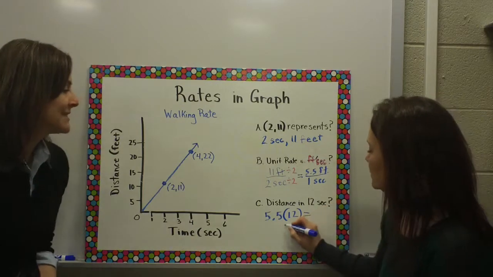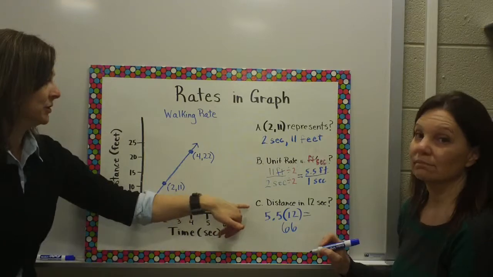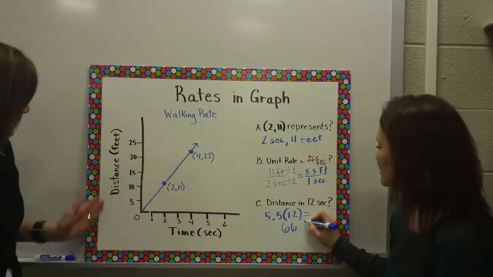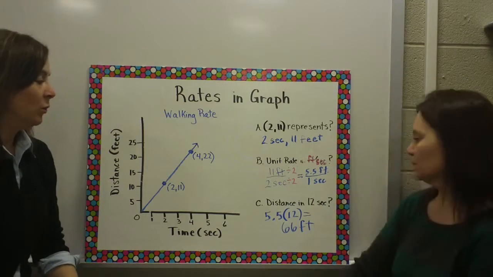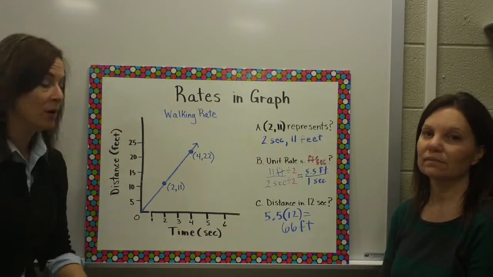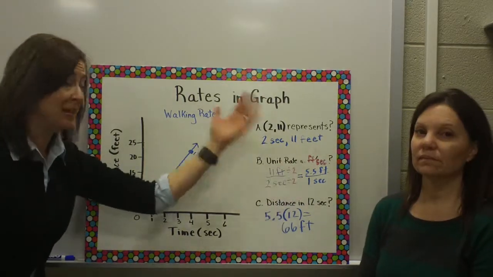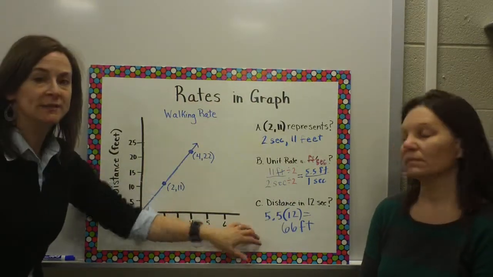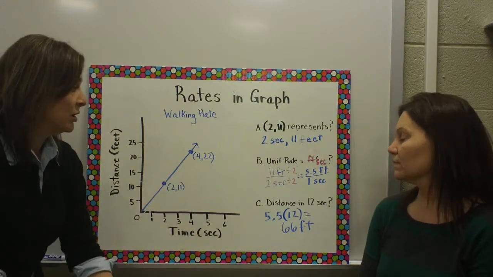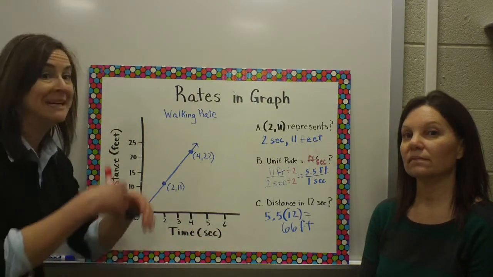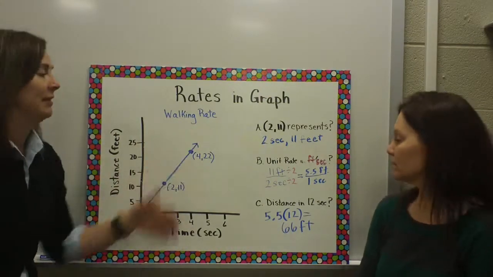And that equals 66. 66 what? Well, we're looking for the distance, and we know that our distance is measured in feet. So in 12 seconds, we can determine how many feet we'll go. So notice how the unit rate can actually be applied to answering other mathematical problems. If you wanted to know how far you could go in a minute, for example, that would be 60 seconds. So we could apply that as well.